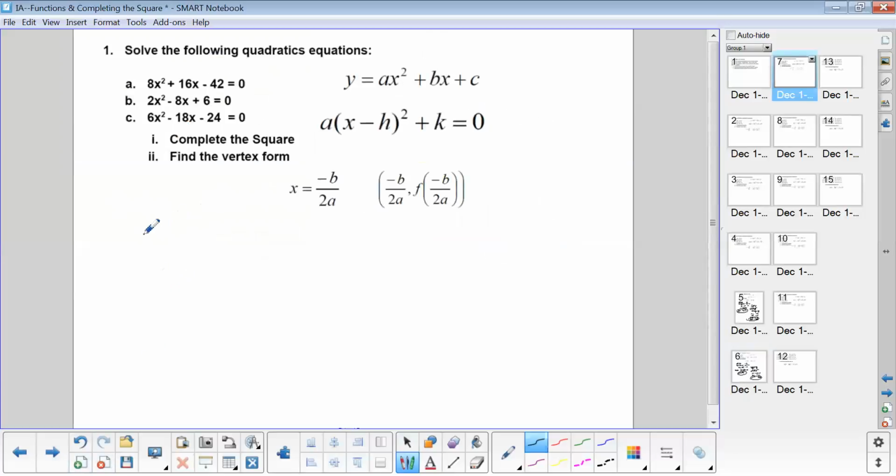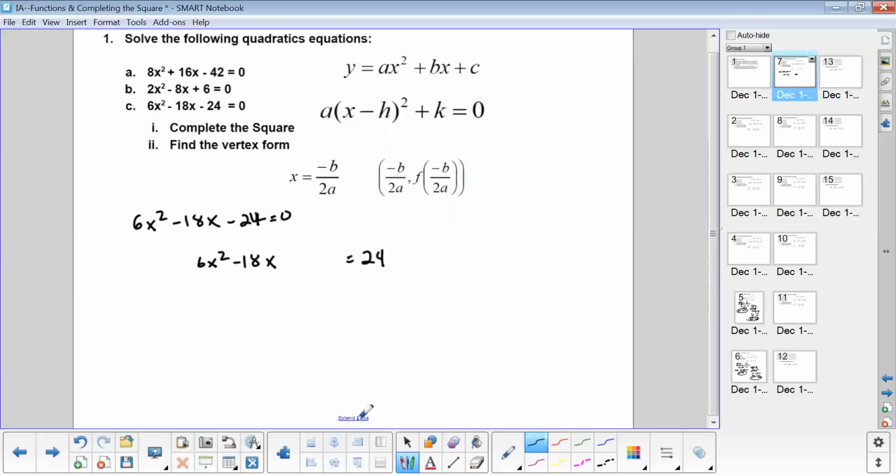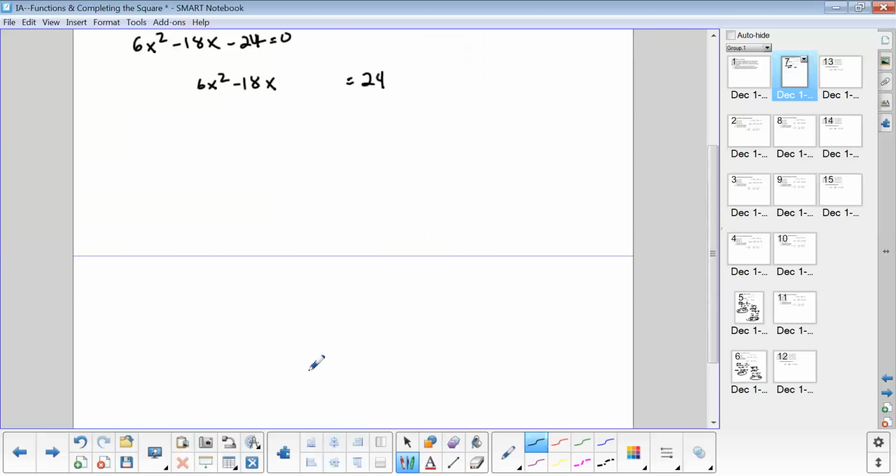And finally, I've got 6x squared minus 18x minus 24 equals 0. So I'm going to add the 24. So I get 6x squared minus 18x equals 24. And I want to factor the 6.